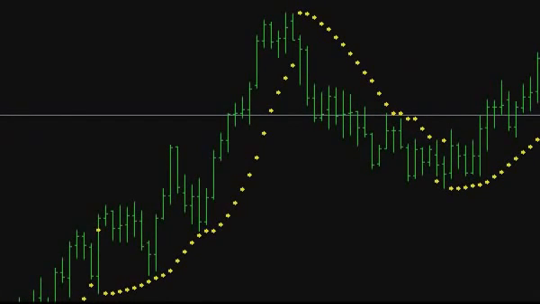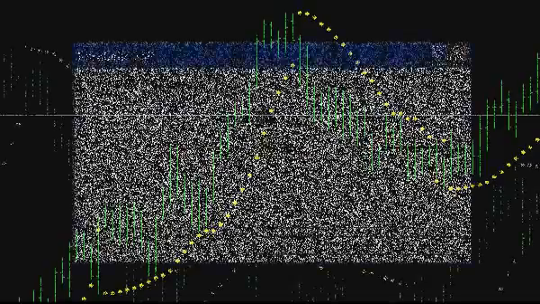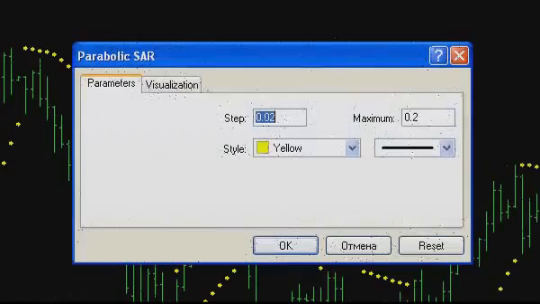The younger the trend is, the further parabolic points are, and correspondingly the levels of stop-loss for positions opened along with the trend, and vice versa, the older the trend is, the closer the points to the price are, and they approach it faster. The indicator parameters that we saw in the dialog window of its settings determine both the speed of parabolic readings approximation to the price and the maximum value of this acceleration.